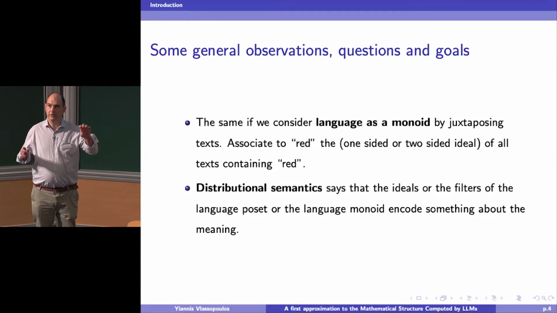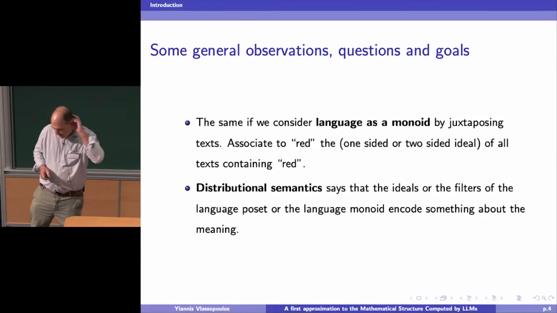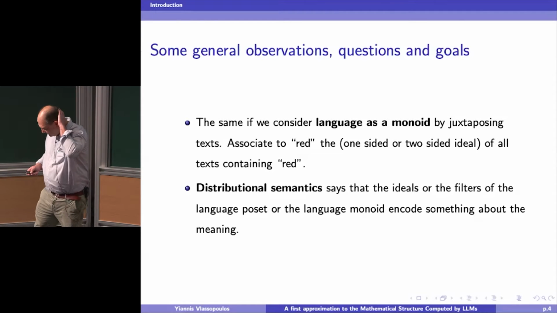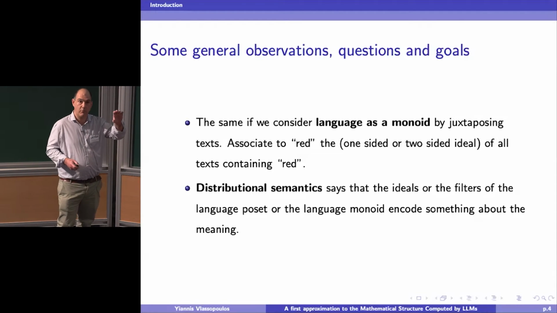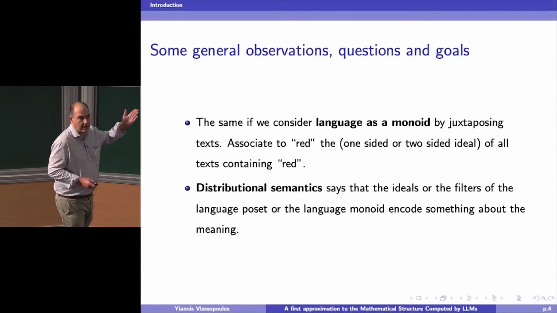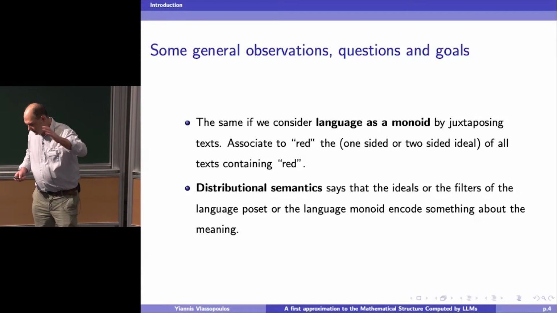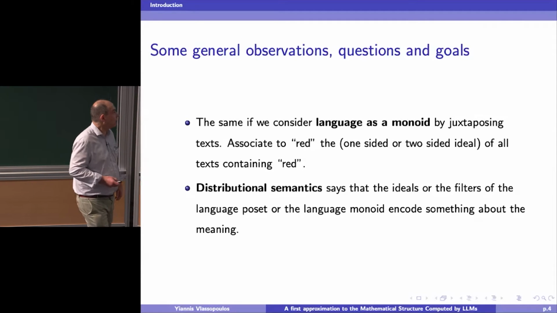The monoid defines the poset for you, and if someone wants to know exactly how, I can explain. It has to do with thinking of the monoid as a category with one object, and the texts being the arrows of the category, and then constructing another category, called the factorization category. And you can immediately construct this poset from the monoid.